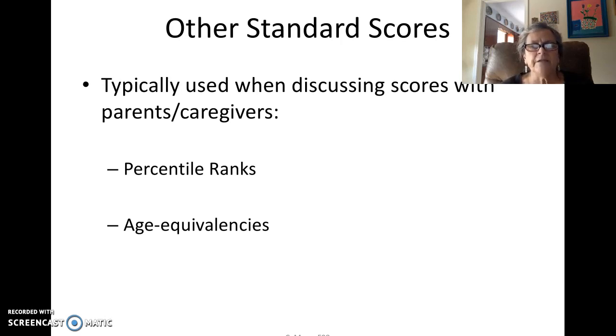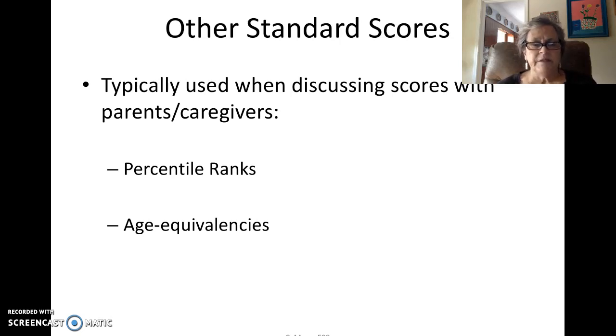When actually that just means that they're right in the middle, that 50% of other children did better and 50% of other children did worse. So actually being in the 50th percentile is not a problem at all. That is something that you need to carefully explain to parents.